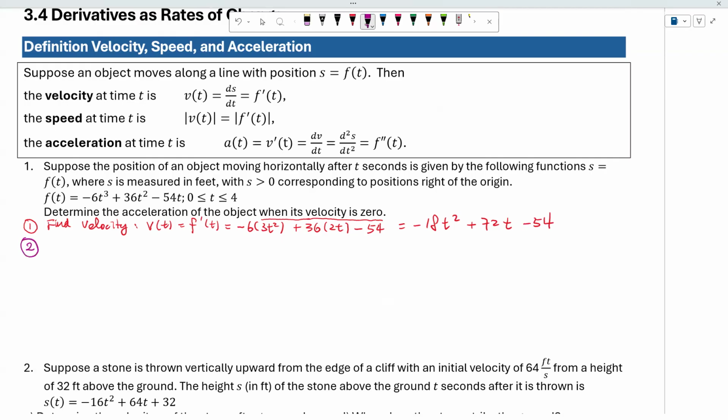Then second, I would like to set v of t equal to 0.